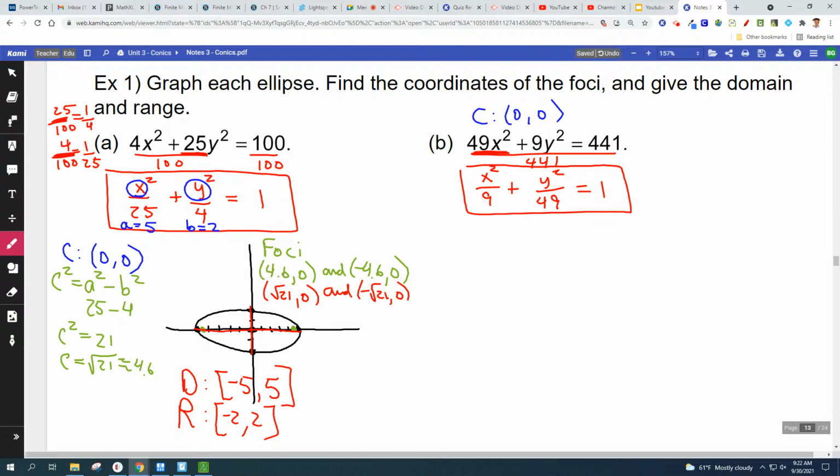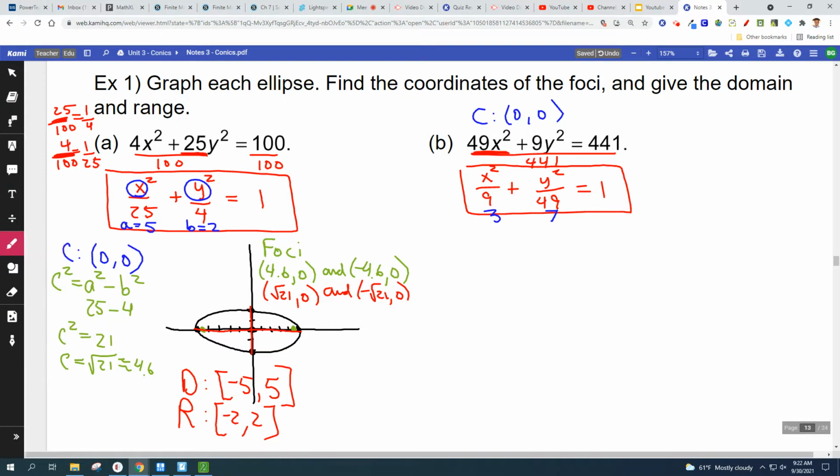And you can see that this number is going to be 7, and this number is going to be 3. It doesn't even really matter which one's A and which one's B, as long as you understand that it's going to be 7 in the y direction. That 7 goes with the y direction, the 3 goes with the x direction. That's how it's stretched.